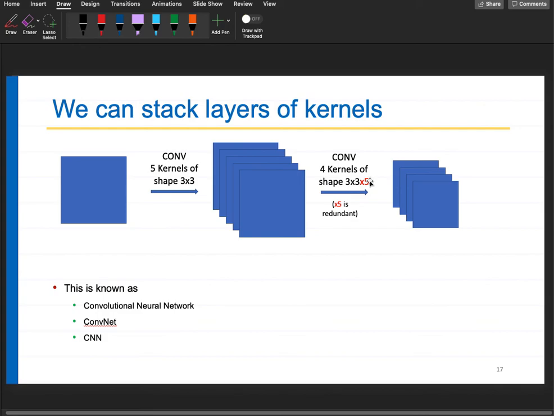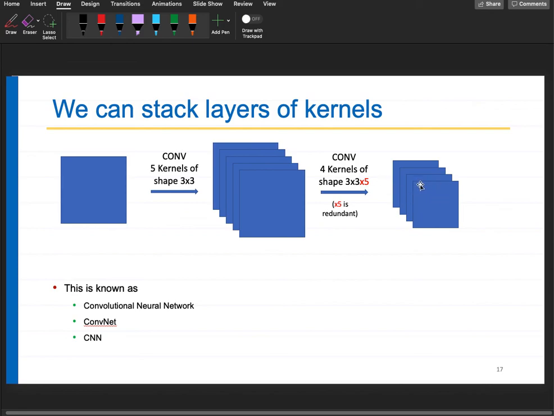So each kernel is of shape 3 cross 3 cross 5. I need not write 5 here, because if I know my input is of depth 5, this kernel has to be of depth 5, right? So generally people don't write cross 5, they just say 4 kernels of shape 3 cross 3. It is understood that it is of depth 5 because the input is of depth 5.